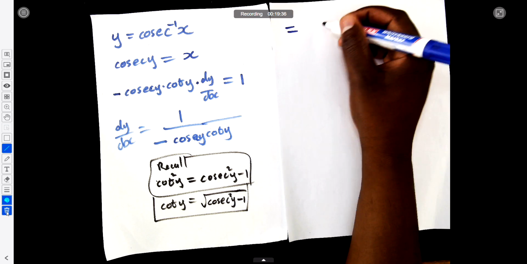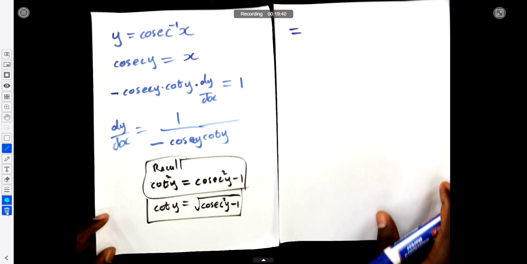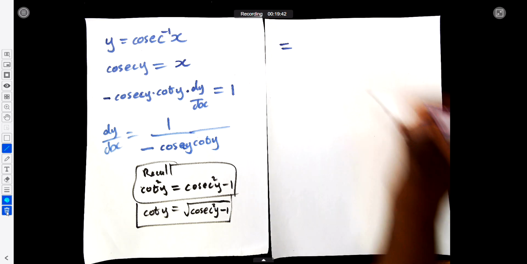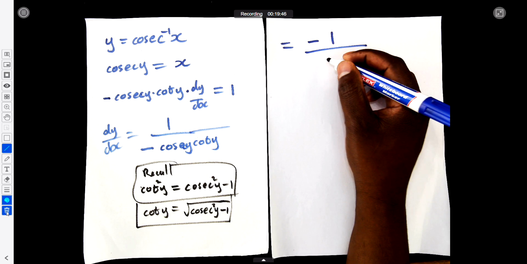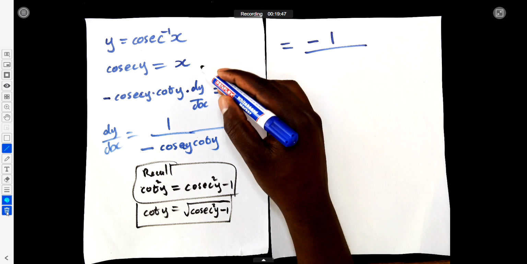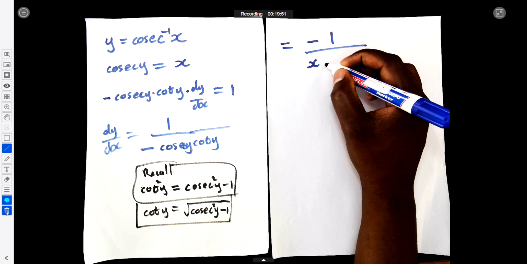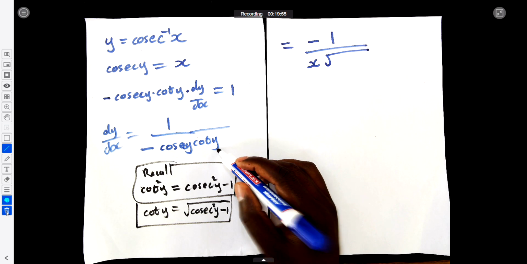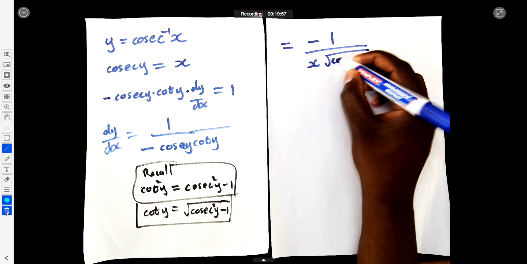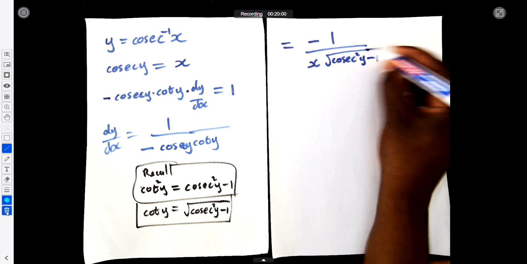In our main derivative, it equals negative 1 all divided by, cosec y, which we said is equal to x, times cot y, which is the square root of cosec squared y minus 1.